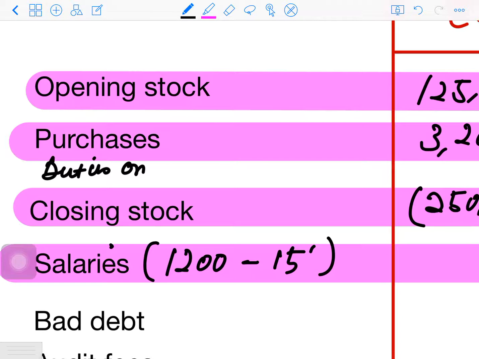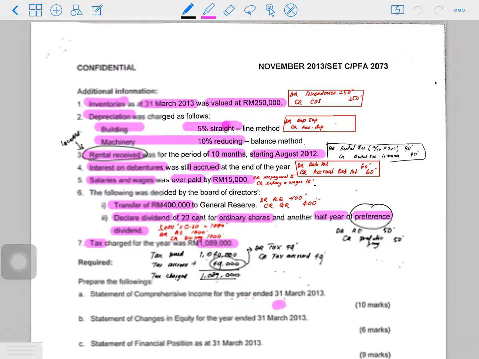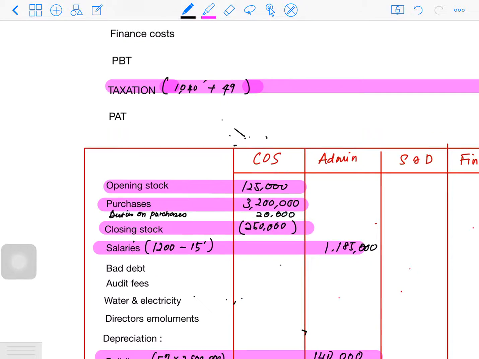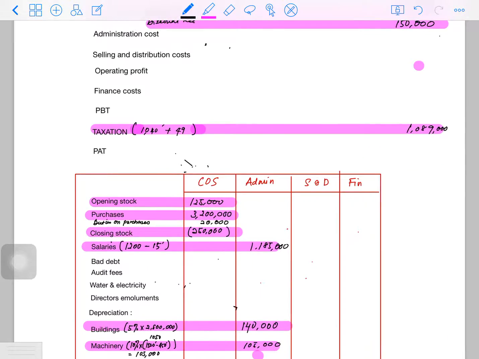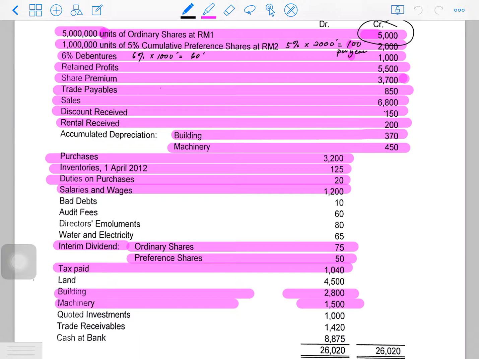How much was that? Duties on purchases, 20,000. So put here 20,000. Okay. Salary and wages we already dealt with earlier.